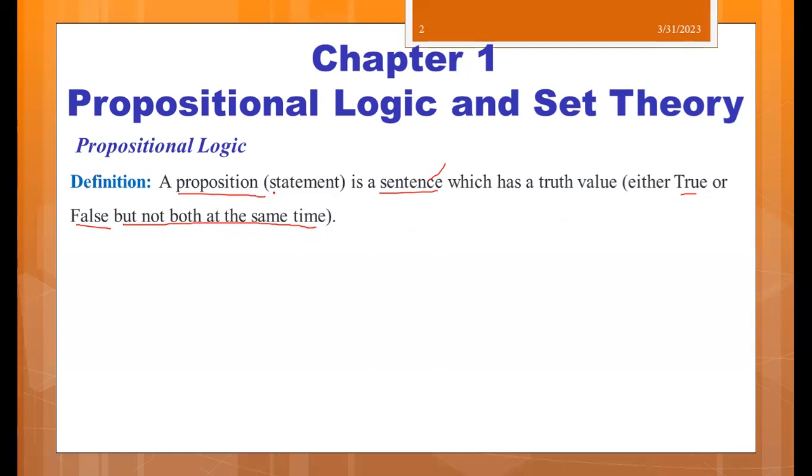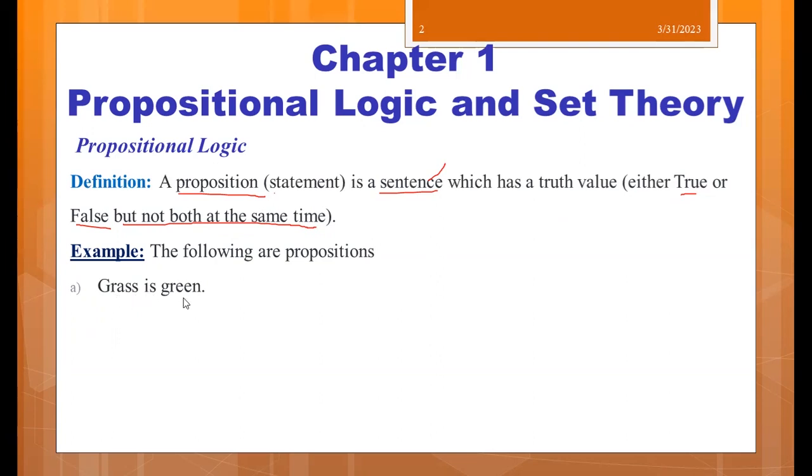If we see some examples, for example, if we consider "grass is green", the truth value could be either true or false, which depends on the greenness of the grass.